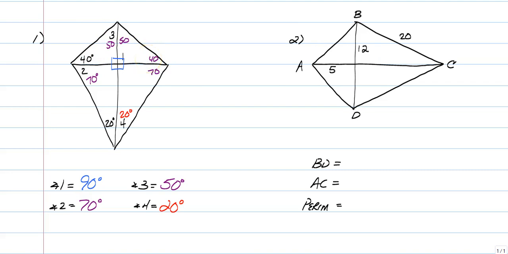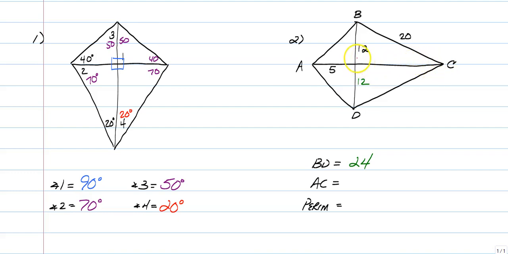All right? The second example is somewhat algebra-based. We have to find the full diagonal BD, which is extremely simple. Look. That's the short diagonal, so that's the one that's bisected. You're going to have 12 and 12, which is going to give you 24. Now the other diagonal, AC, is a little bit more challenging because we know what this part is, that's 5. We need to find this part.